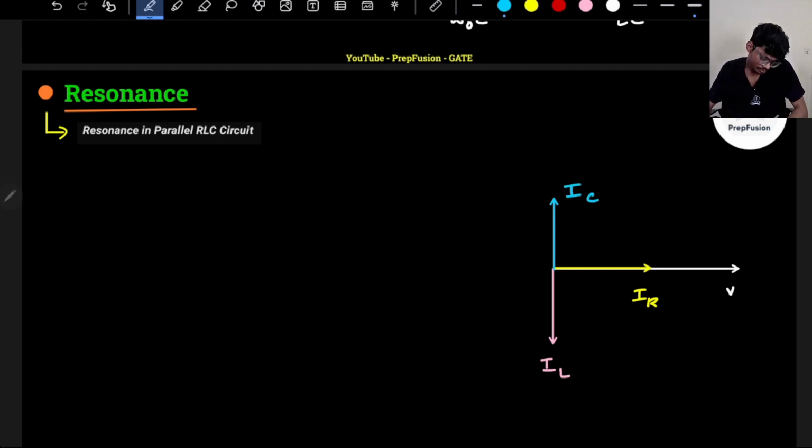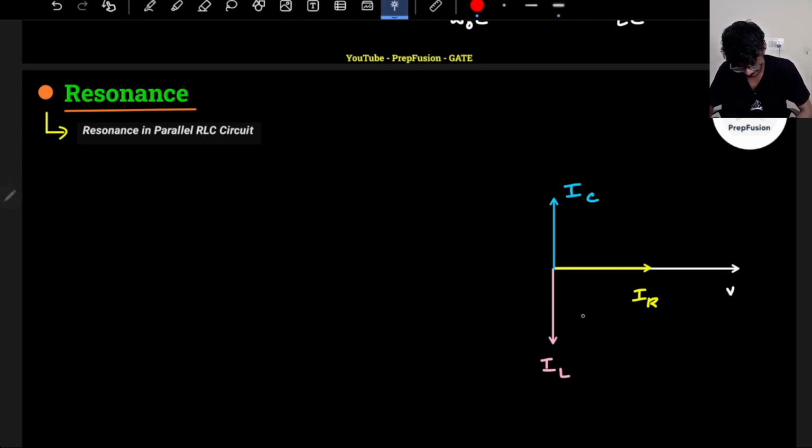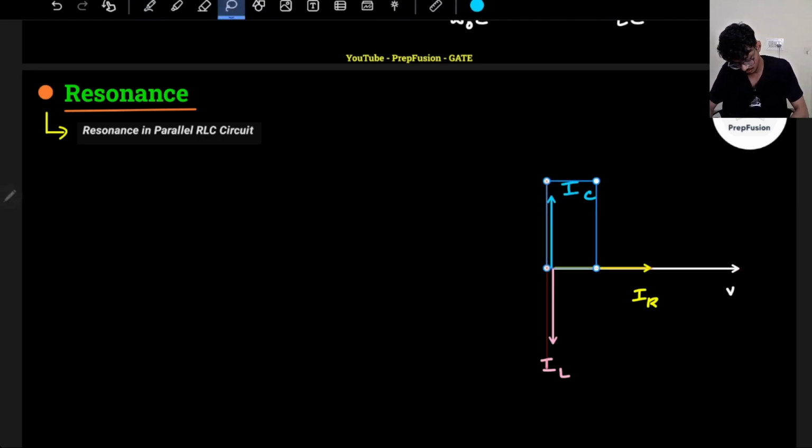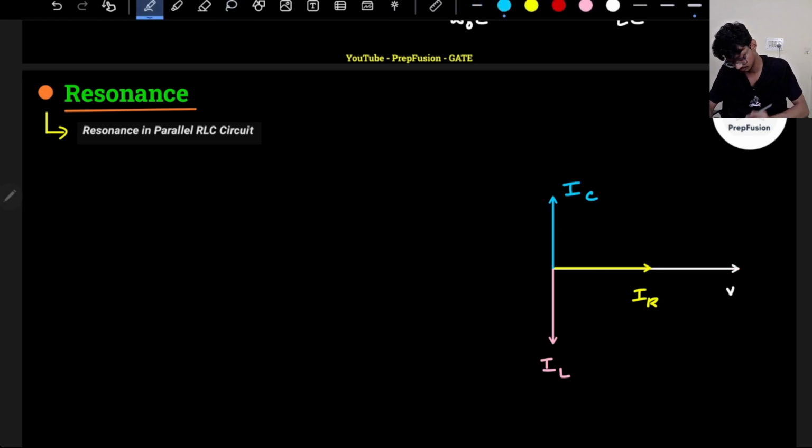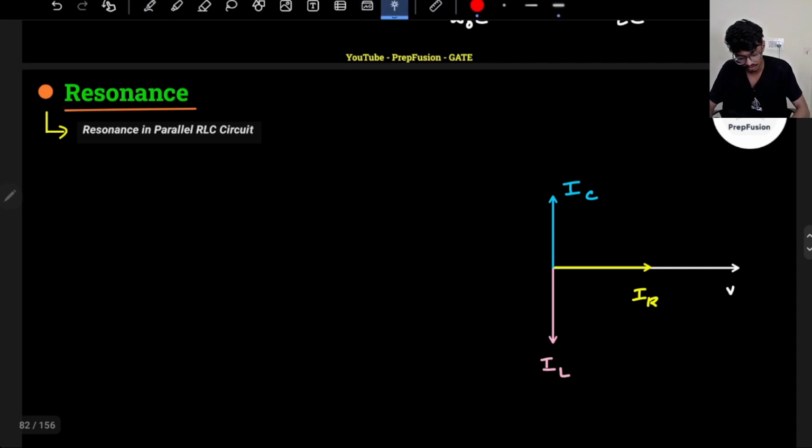Now at resonance, what is happening? What is the overall current? The overall current is the sum of all these three vectors or phasors. Of course I want my overall current to be in phase with the voltage.